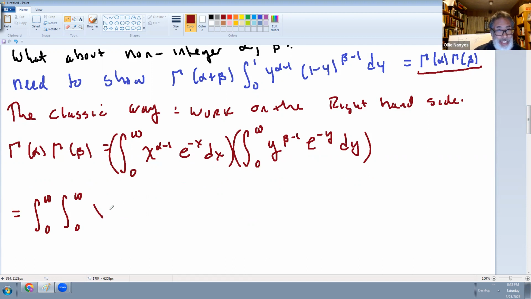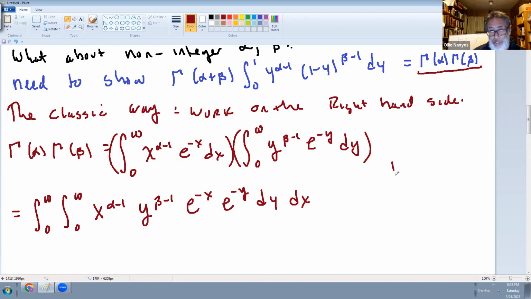So this is x to the alpha minus 1, y to the beta minus 1, e to the minus x, e to the minus y, dy dx. And notice this is an integral over the first quadrant, where this is the x-axis and this is the y-axis, and we're integrating this function over the entire quarter plane, quadrant 1 to be precise.